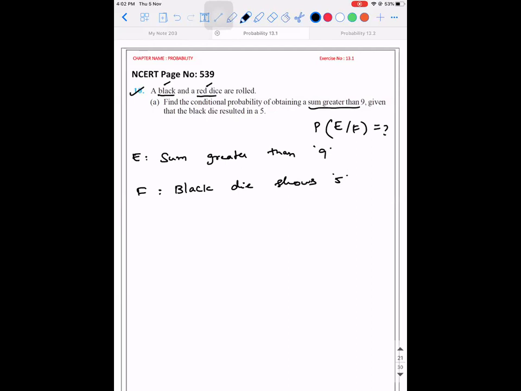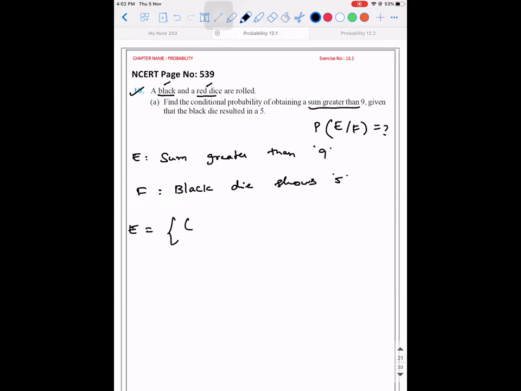For event E, what are all the possible cases for the sum to be greater than 9? I cannot start with 1 or 2. The minimum number is 3, but 3, 6 is equal to 9, so I have to start with 4.